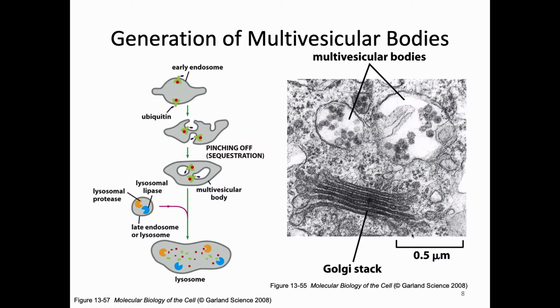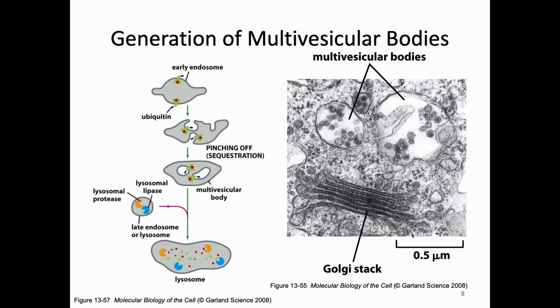The exact details of MVBs are slightly confusing, and there's a lot that we don't totally understand about them, but we can see situations where the endosome can sort of endocytose itself and make little compartments within itself. So what was originally on the outside of the early endosome becomes a compartment within the compartment. It has multiple vesicles, so it's multivesicular. It's a multivesicular body.